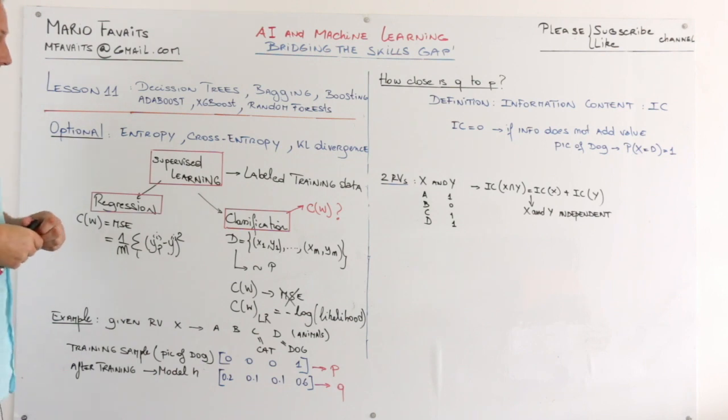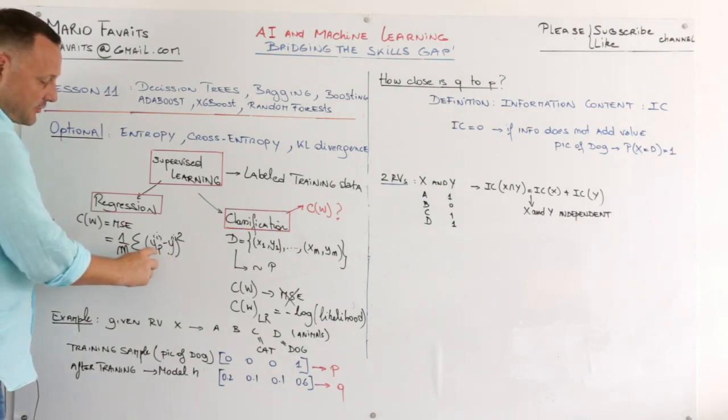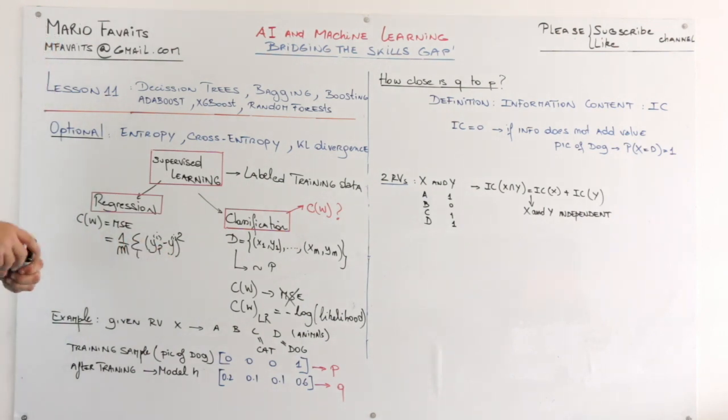Regression problem, remember the housing price prediction case. We defined a cost function, the mean squared error, and that was the formula. You take the square of the difference between the real y and the y predict, then you sum it all up and divide by m, and m is the number of samples.